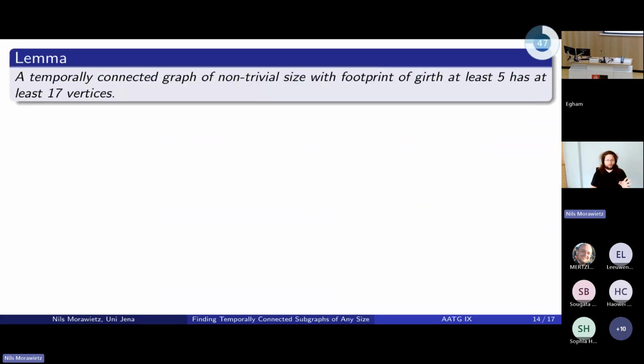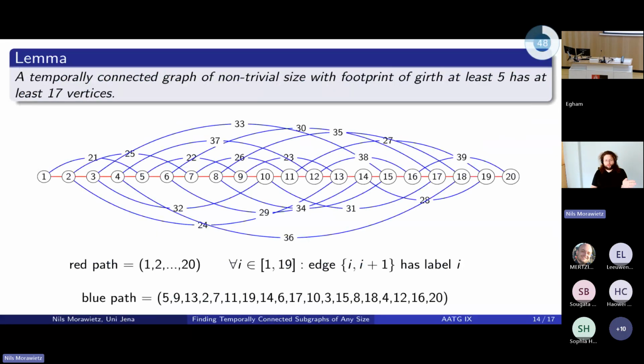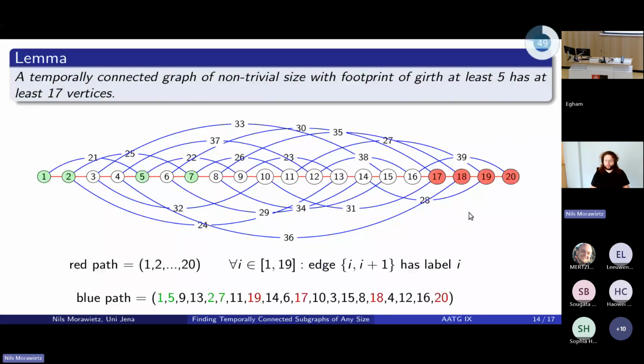So I just need to convince you that there is no subset of 17, 18, 19, or 20 vertices of this gadget that is temporally connected. And this I can do very easily by showing you that these 4 red vertices cannot reach any of these green vertices. I also highlighted them down here in green and red.